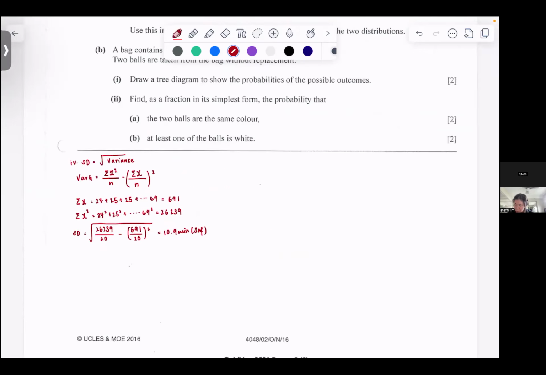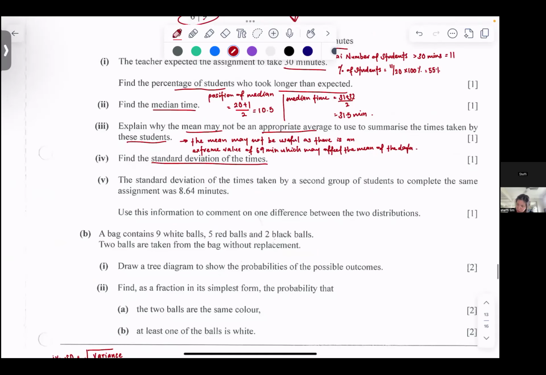Okay, part 5. The standard deviation of times taken by a second group of students is 8.64 minutes. So use this information to comment on one difference between these two distributions. So what does it mean by my standard deviation being smaller than the other? It actually means that my readings are more consistent, right? Why?